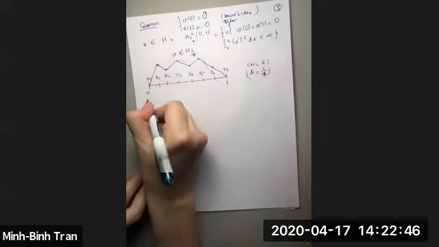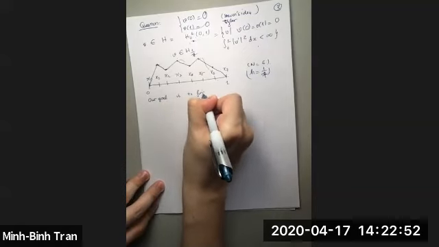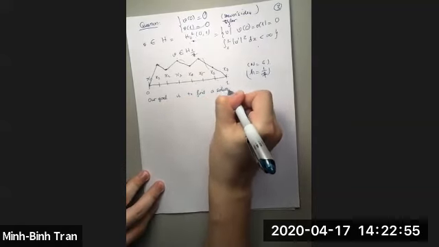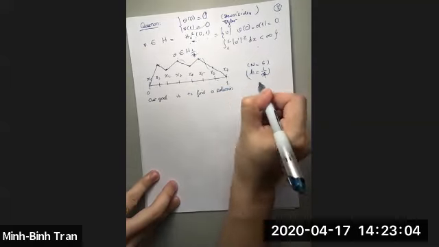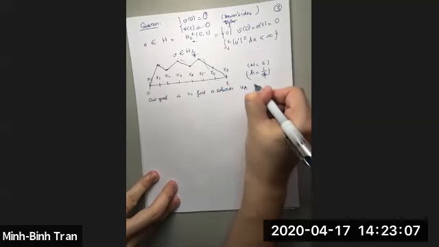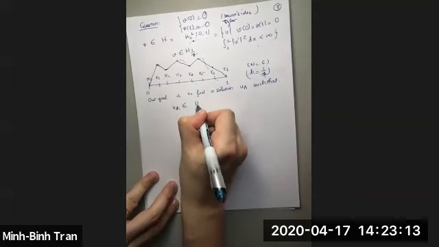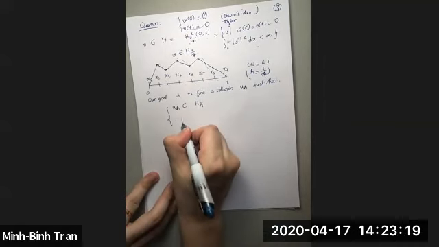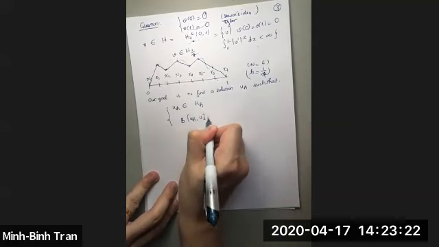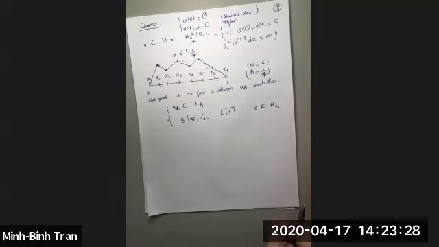So now our goal is to find a solution uh in this space Hh such that B(uh, v) is equal to L(v) when v is in Hh.